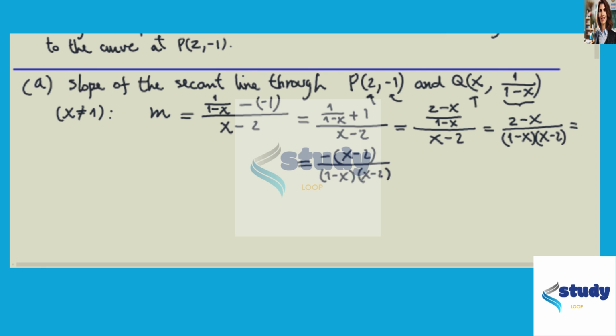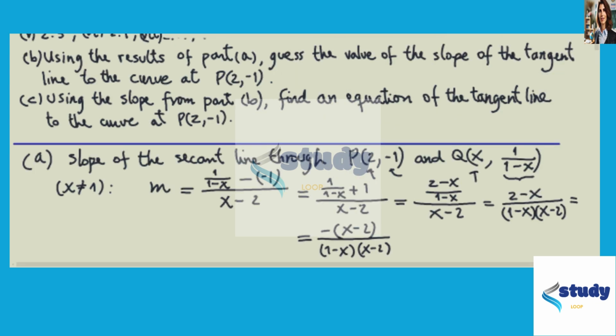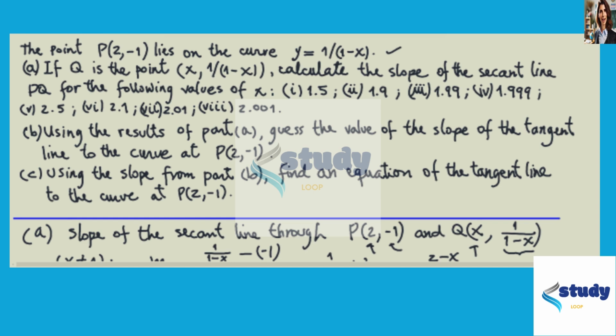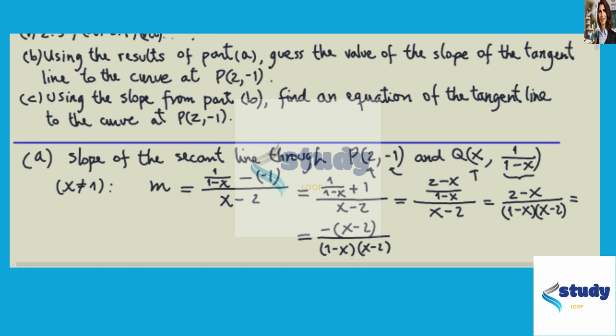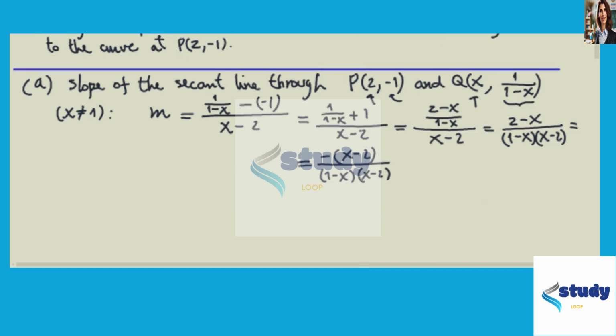And if we take x different from 2, and in this case we verify we are not taking the value 2, we are close enough to 2 but never taking the value 2, we can say that this is equal, for x different from 2, that we can simplify the factor x minus 2, and we get -1 over 1 minus x, or in fact 1 over x minus 1.